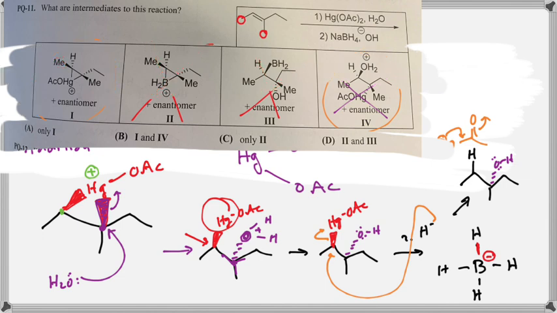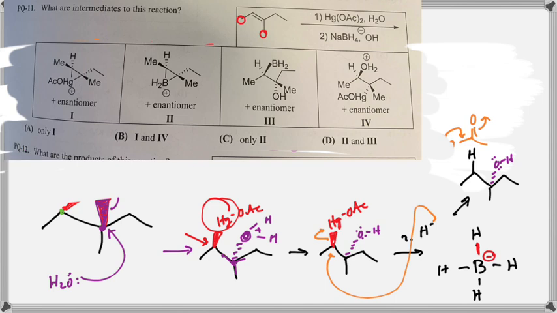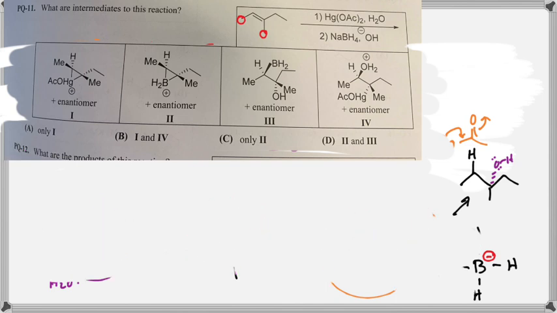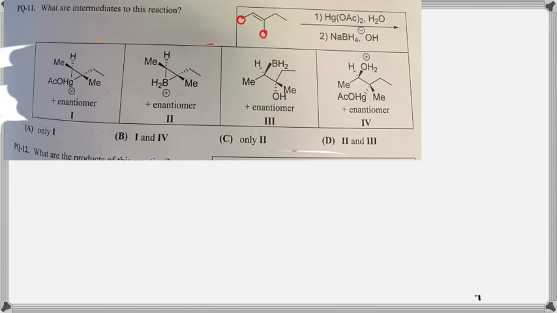Okay. Where I want to go now is erase all of this stuff. And I want to call out something that's particularly useful, particularly as we look at this reaction. What does the mercury reagent do? What does the HgOAc2 followed by step 2 sodium borohydride do?